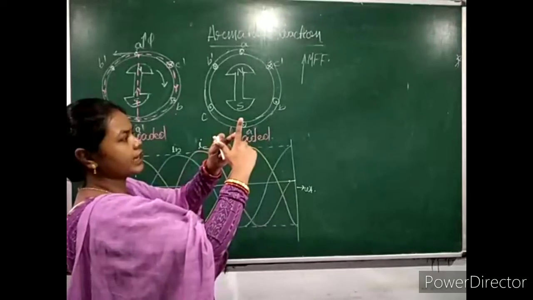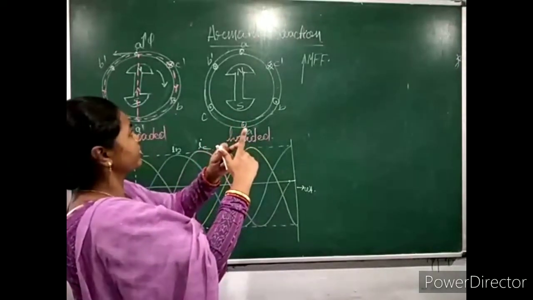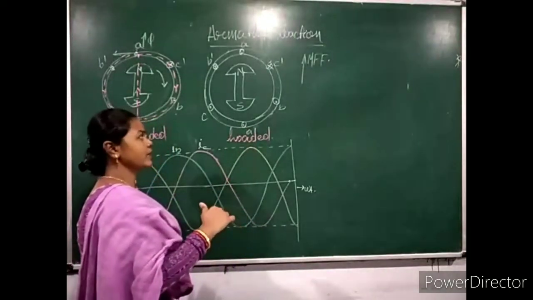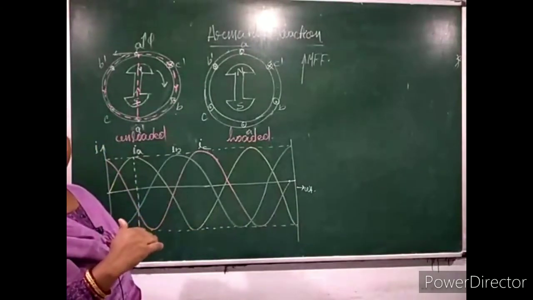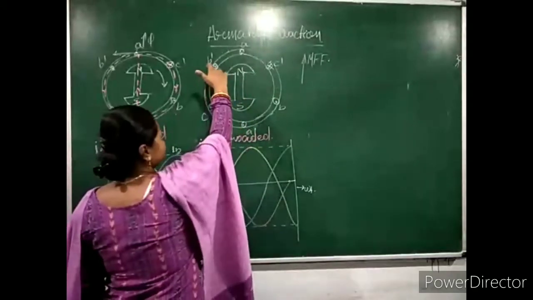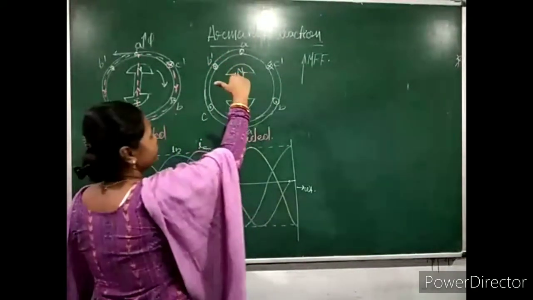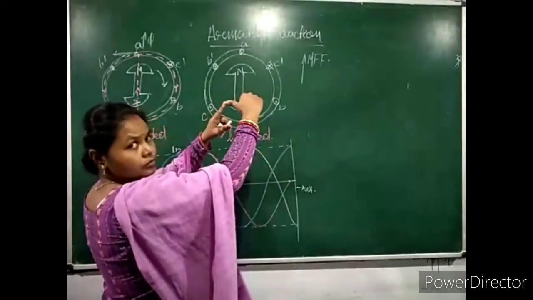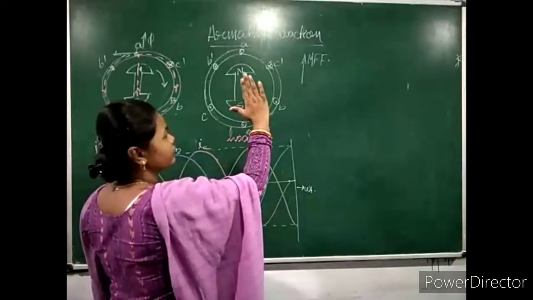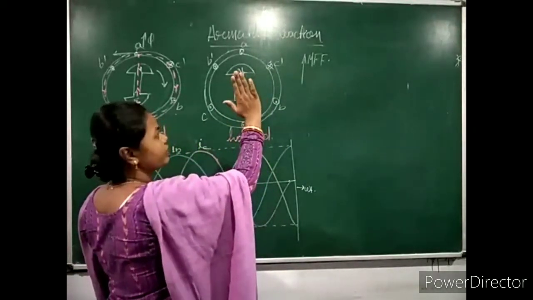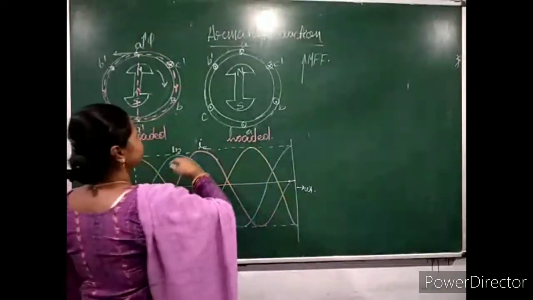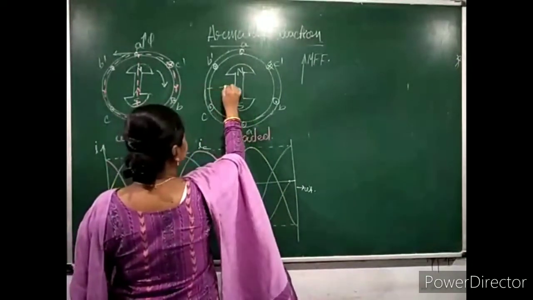Due to this, according to the right hand curl rule, the flux created by this conductor is clockwise, in this direction.